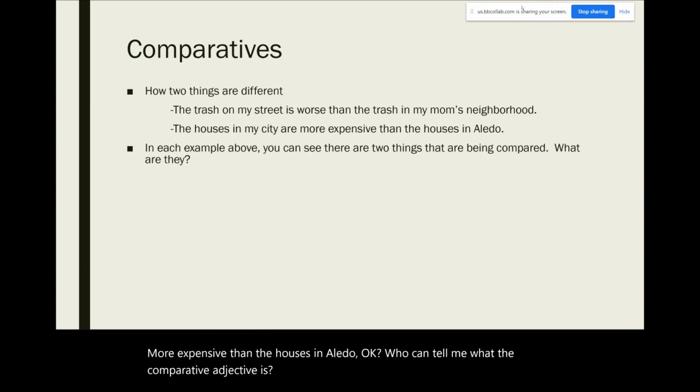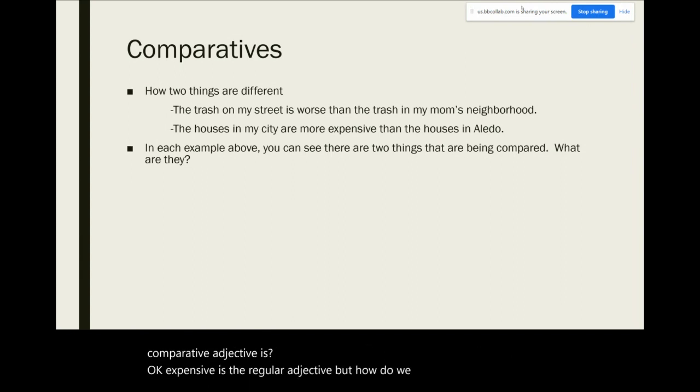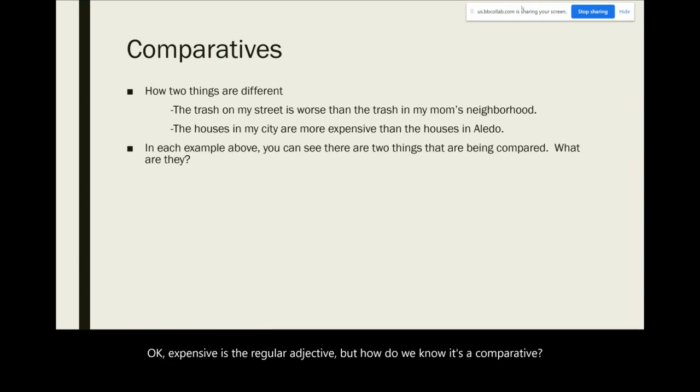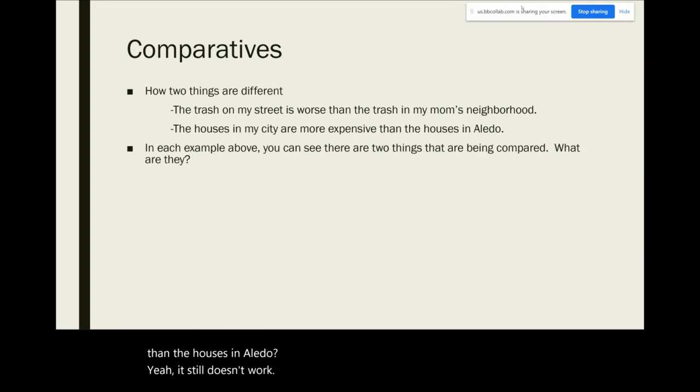Okay, expensive is the regular adjective, but how do we know it's a comparative? Because we have the other word that is than, expensive than. So can I say the houses in my city are expensive than the houses in Aledo? No, it doesn't make sense. We need more. Yeah, there you go.